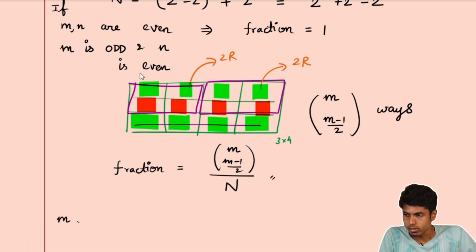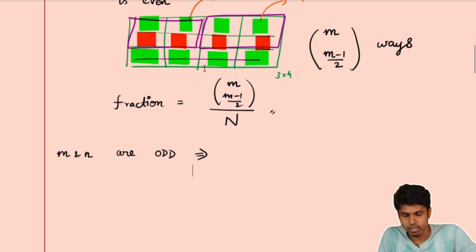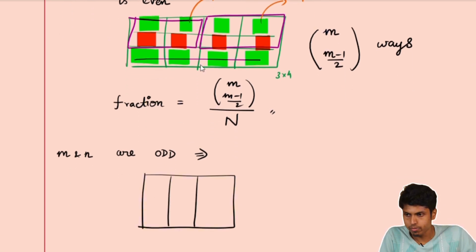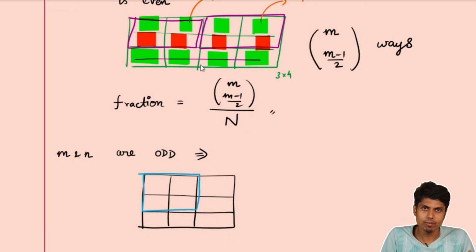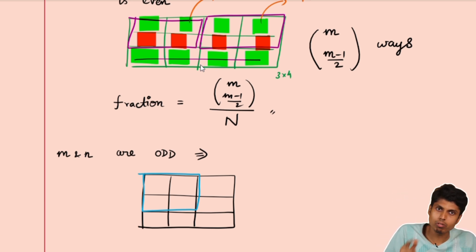Now the concern is when m and n both are odd. What would happen if both are odd? So let's take a 3 cross 3. 3 cross 3 is quite simple, but you can extend the argument, of course. So if you pave it with 2 cross 2s, you will be left with 1 row and 1 column completely vacant. Now how effectively are you going to color them so that you are going to have minimum number of red?